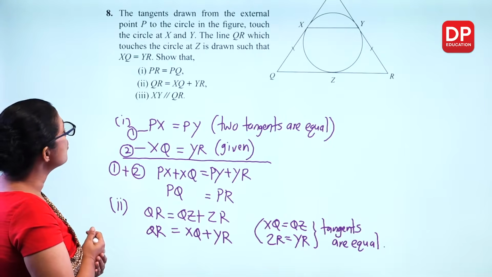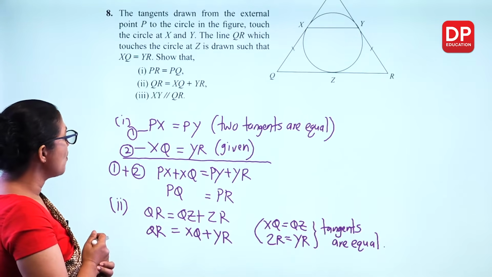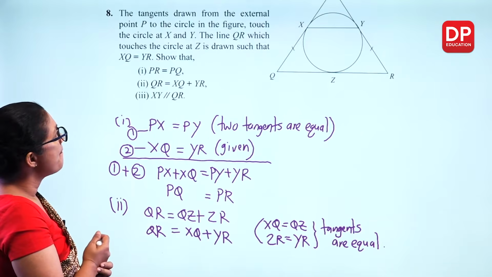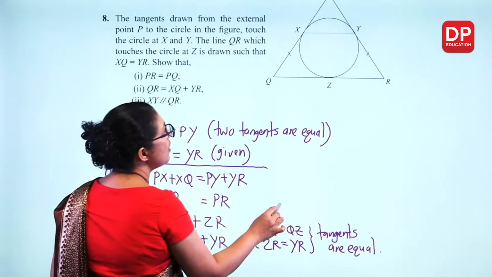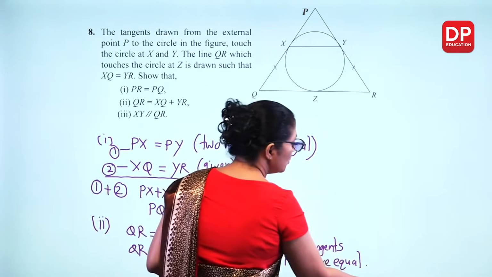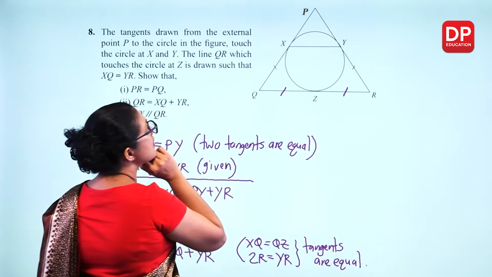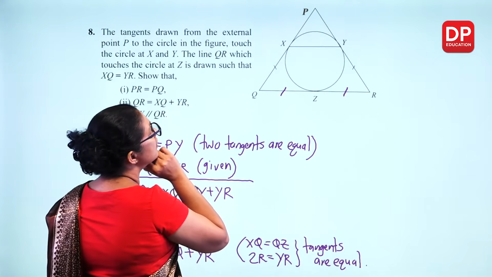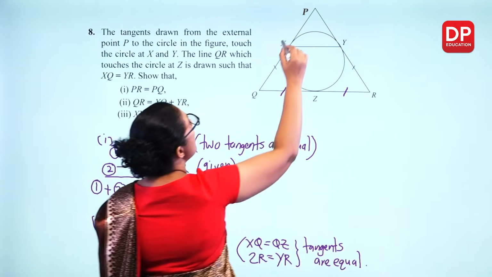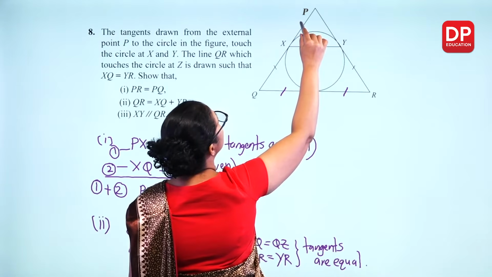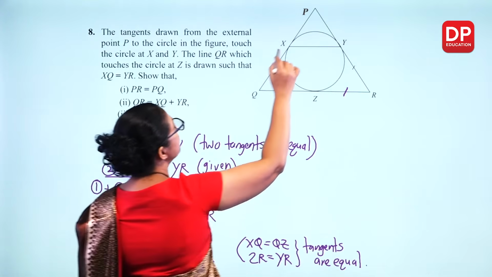Then third part, show that XY is parallel to QR. Now we'll mark all the information we know. We know this is this, this is this. And this length is equal.